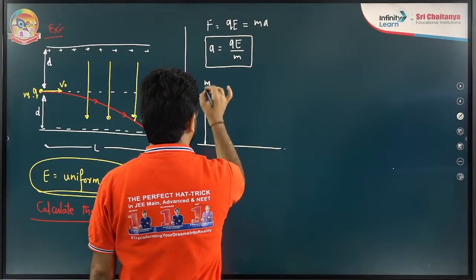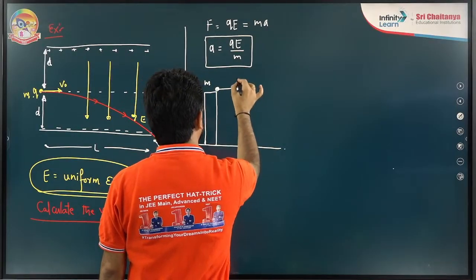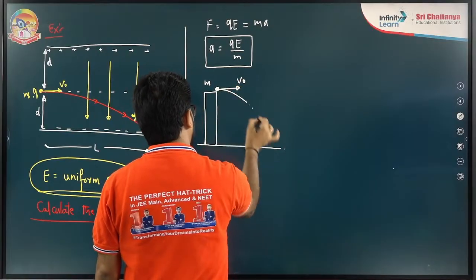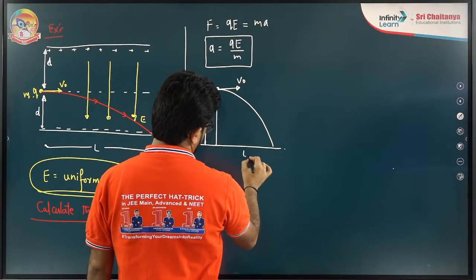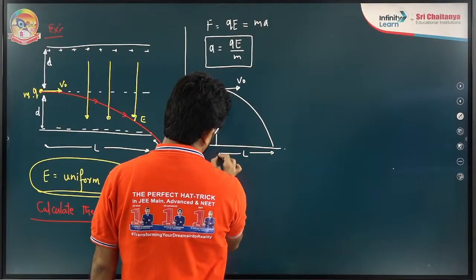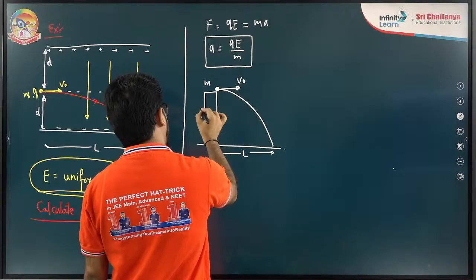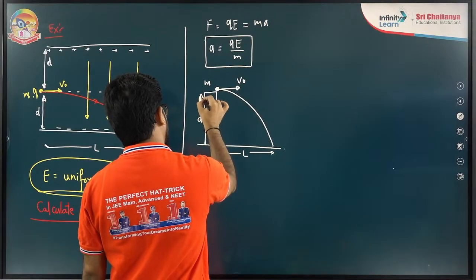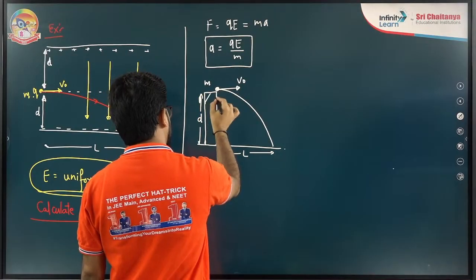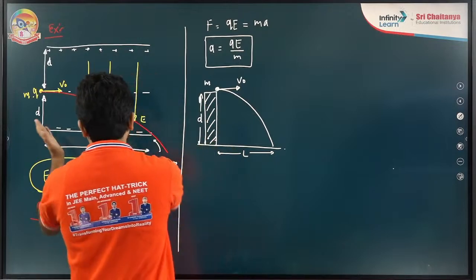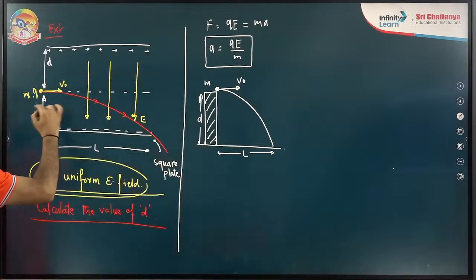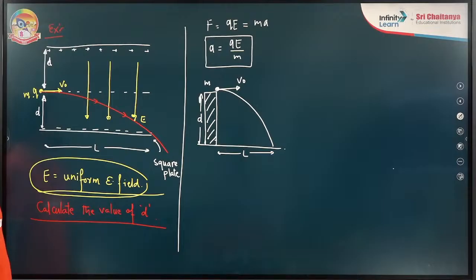This mass is m. You are throwing it with initial velocity v naught, it is going on this path, this range is equal to L, and this height is equal to D. If we solve this question, it is the same question as here: the projectile motion.